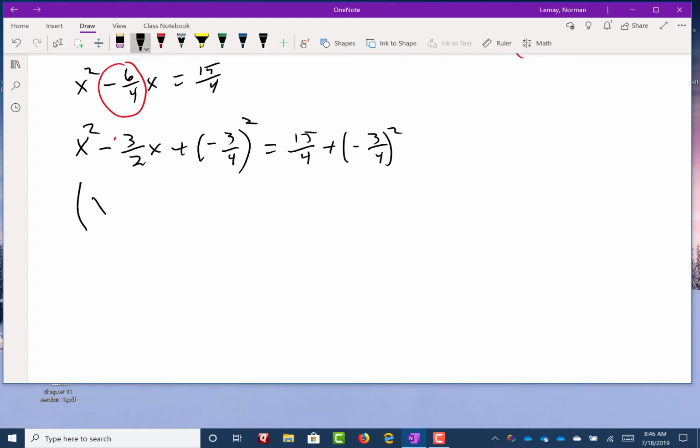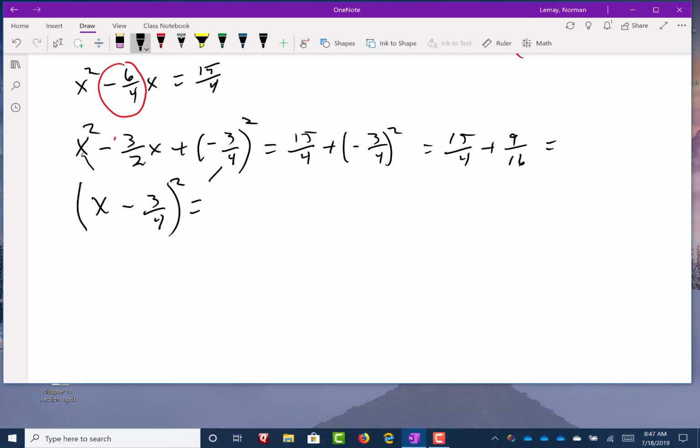So this becomes x, bring that x down, minus 3/4 squared equals, let's come over here and note that this is 15 over 4 plus 9 over 16. Sorry, 9 over 16. Thank you for catching that.